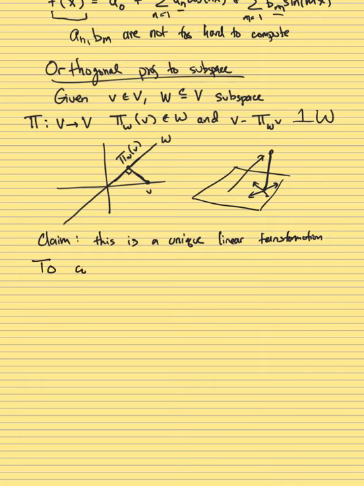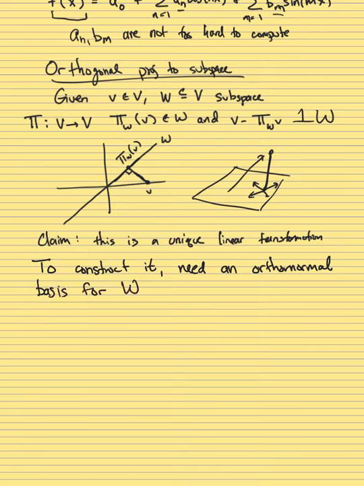To construct it, well, first you need, and I'm just going to stick to orthonormal just because it makes every formula easier. And it's also easy to see, if you have an orthogonal basis, then you can have an orthonormal basis just by multiplying by constants. So we need an orthonormal basis for W.